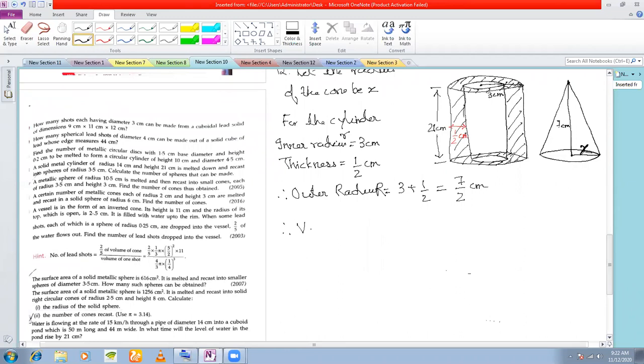Therefore, volume of the material of the cylinder is outer volume minus inner volume.